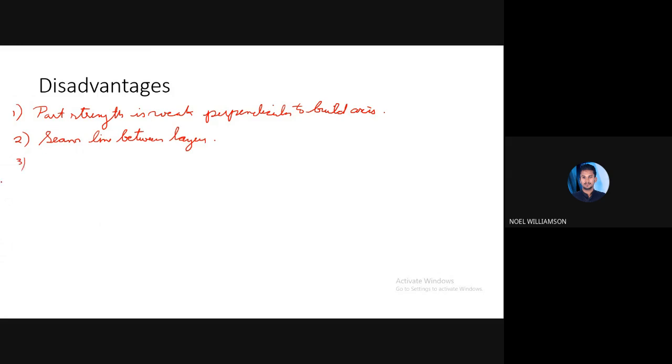And here the support, or the use of a fixture, anything for fixing the product or the workpiece, is necessary, and it is very difficult also. So the support requirement is quite difficult.